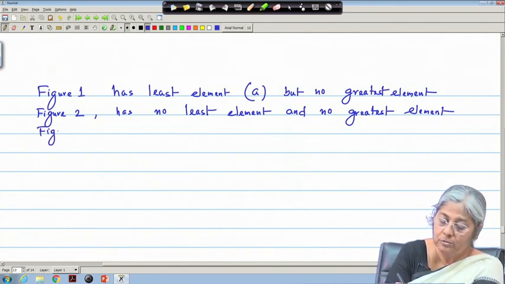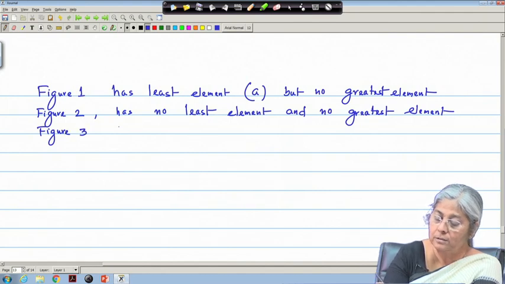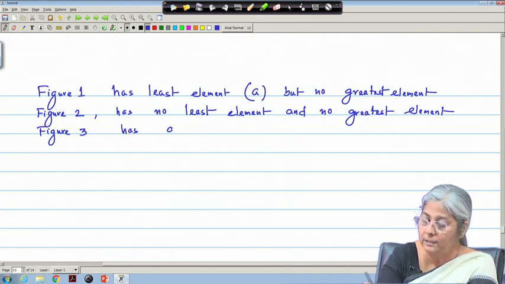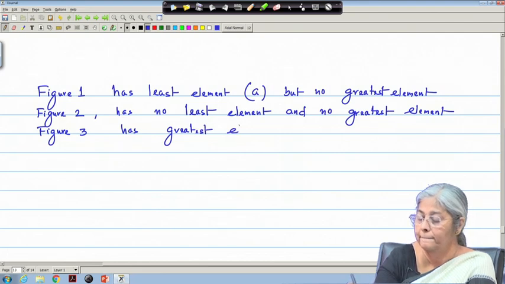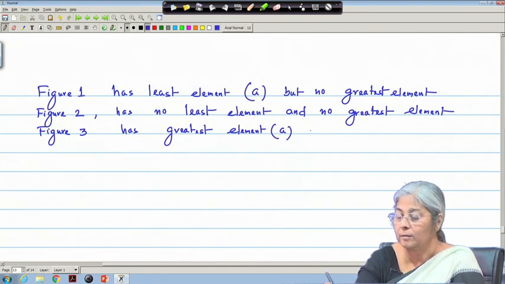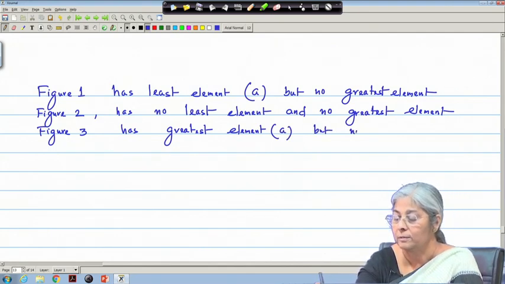Figure 3, just now we have seen, has a greatest element, but no least element.